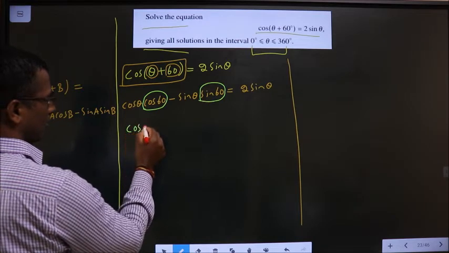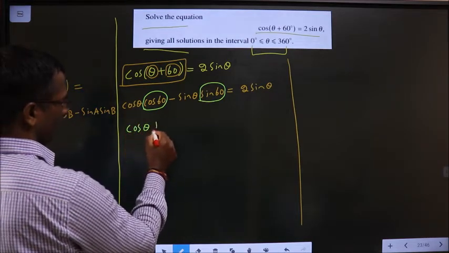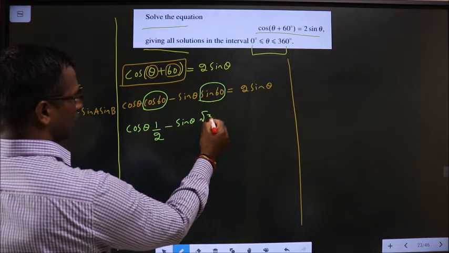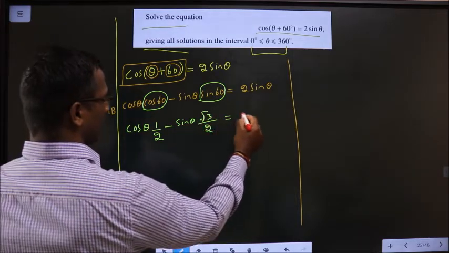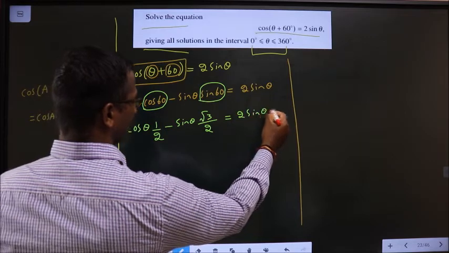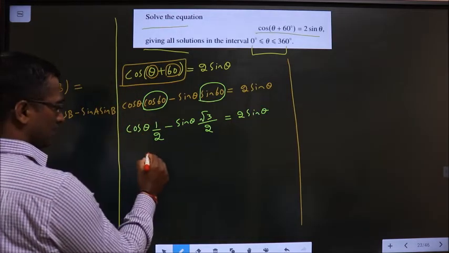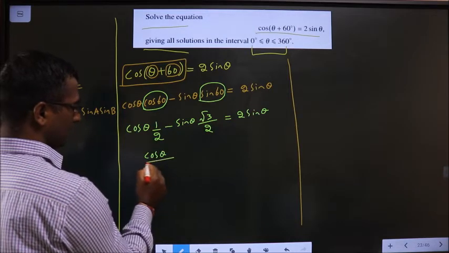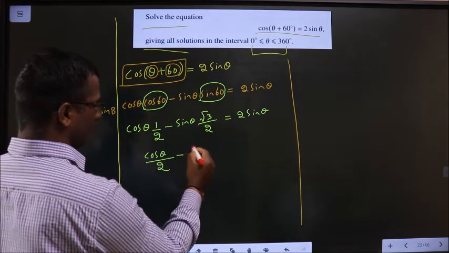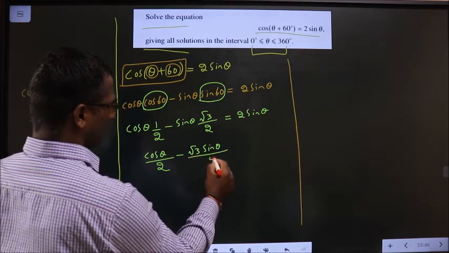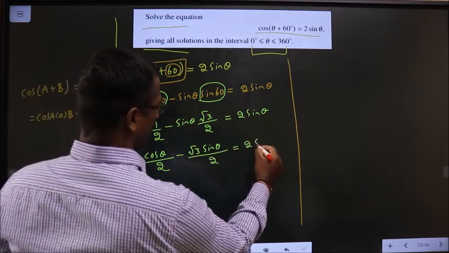Cos 60 is 1 by 2, sin 60 is root 3 by 2, equal to 2 sin theta. Clear? Now, what will this result in? Cos theta into 1 is cos theta by 2, minus sin theta into root 3 is root 3 sin theta by 2, equal to 2 sin theta.